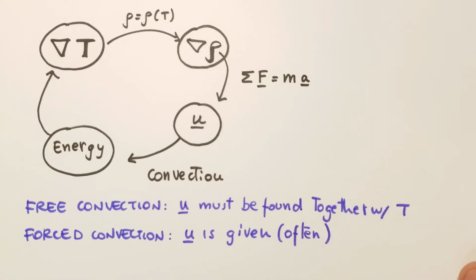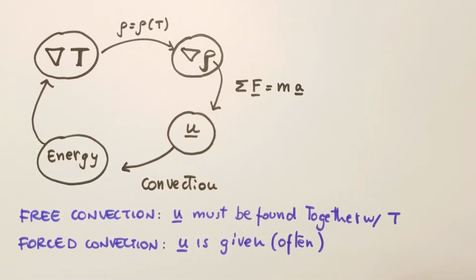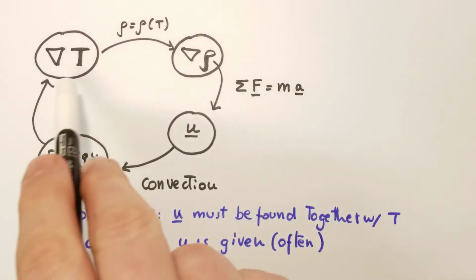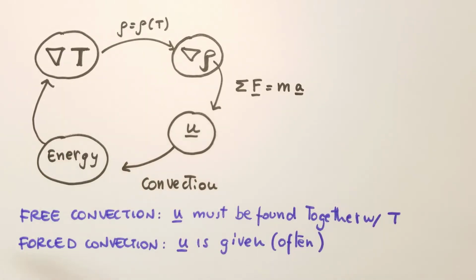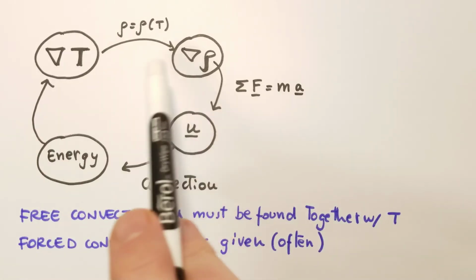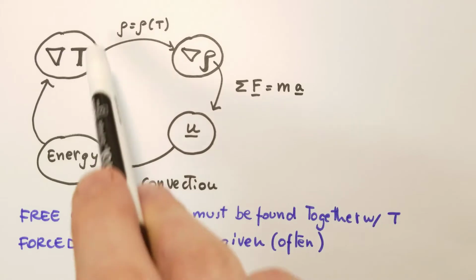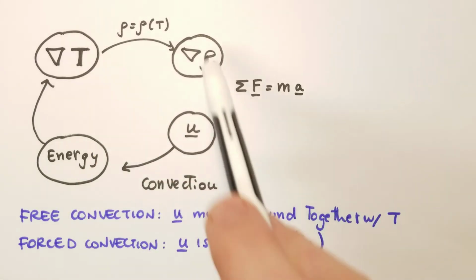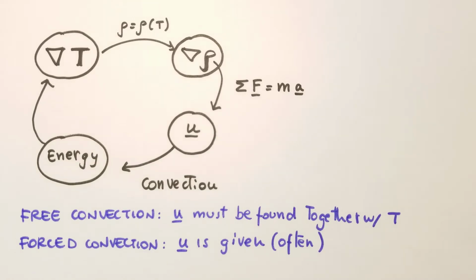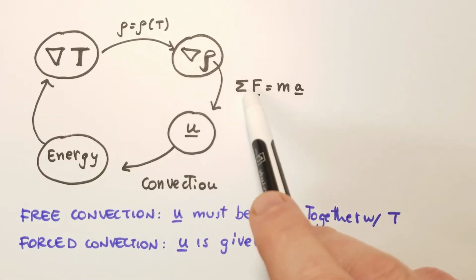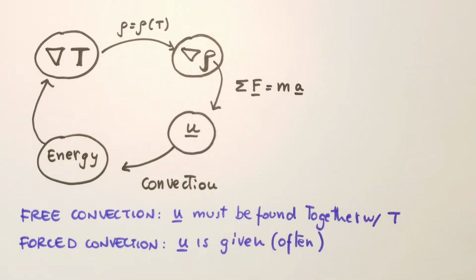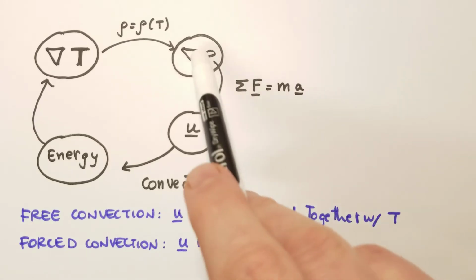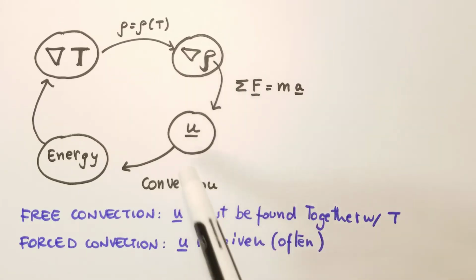So we can represent this sort of feedback mechanism in the following way. We have temperature gradients. This temperature gradient induces some density gradients because for a gas, air temperature and density are related. Since we have density gradients, then because of Newton's second law of motion, these differences in densities will induce a motion.